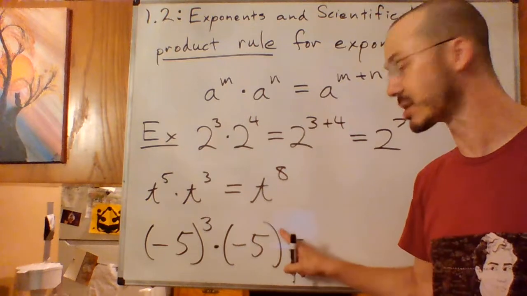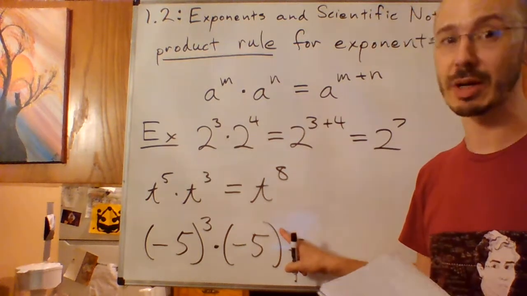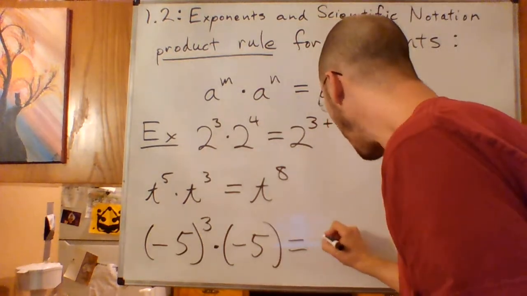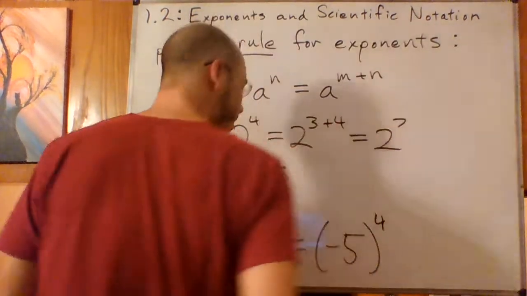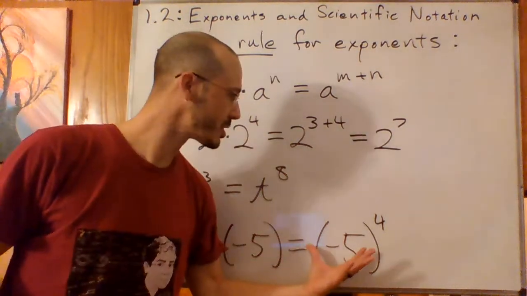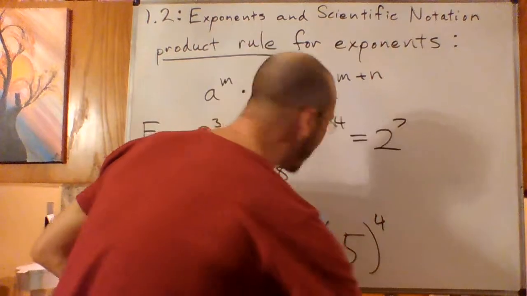The exponent here is 1. There is no written exponent, but negative 5 to the first power is negative 5. But I can do this as negative 5 to the fourth. It would take another step to completely simplify it, but I just want to do this application of the product rule.